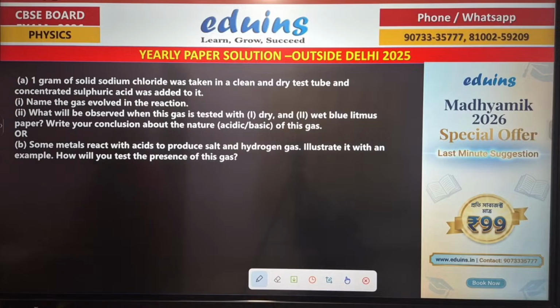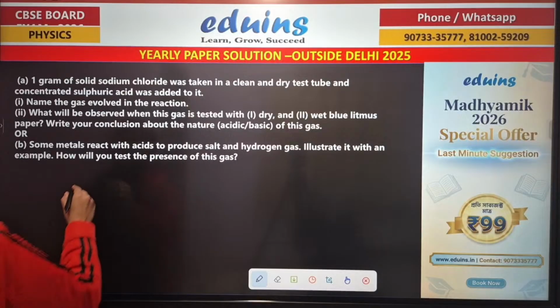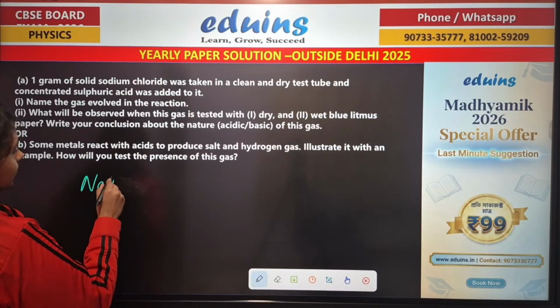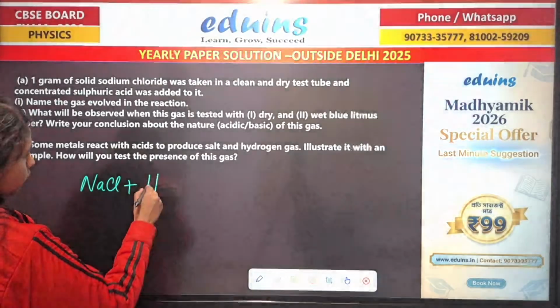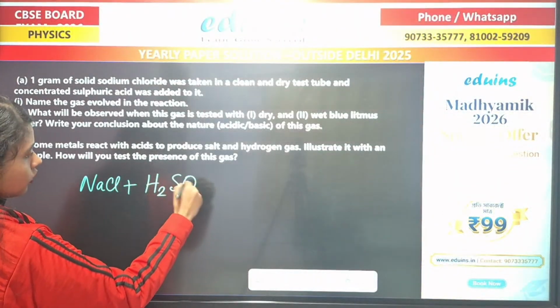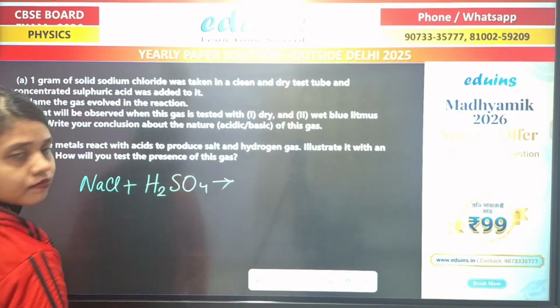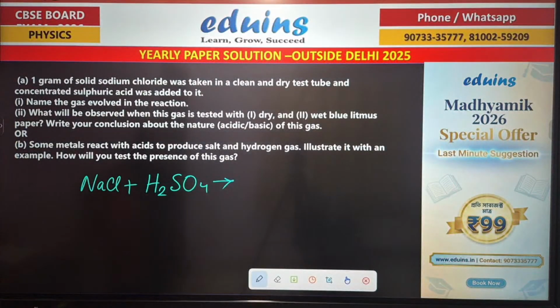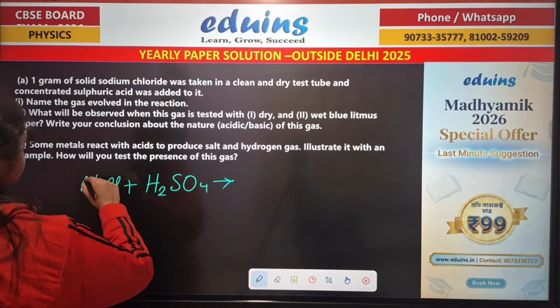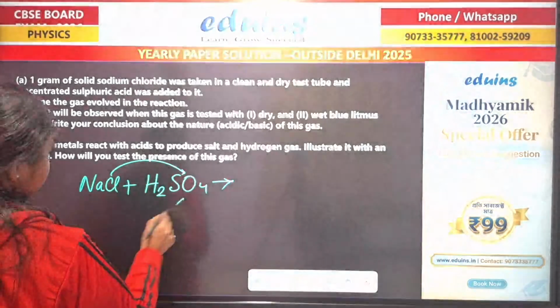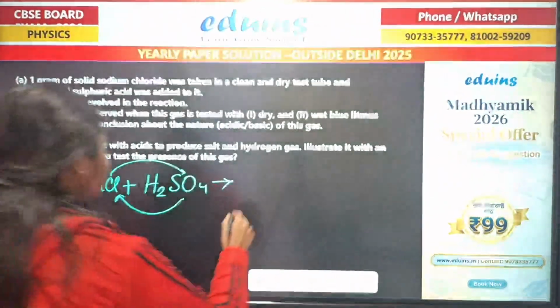So, sodium chloride was taken in a clean and dry test tube with concentrated sulfuric acid. NaCl plus H2SO4, these are the reactants. What will be the products? This is a double displacement reaction, which means they are interchanging their places.